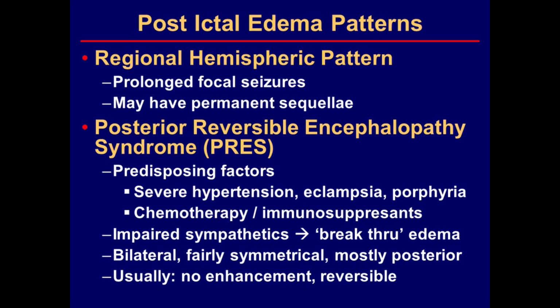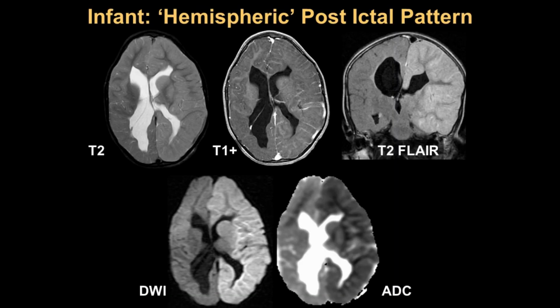There's something at baseline that's different about them, and it may be priming their blood vessels in a chronic way, such that when they then have a seizure, they have essentially autoregulation breakthrough. It's characteristically in the posterior half of the brain and is a characteristically mostly vasogenic edema pattern. Now, I've said a lot. It's better to just look at the pictures, and I think you'll be able to gestalt this with me.